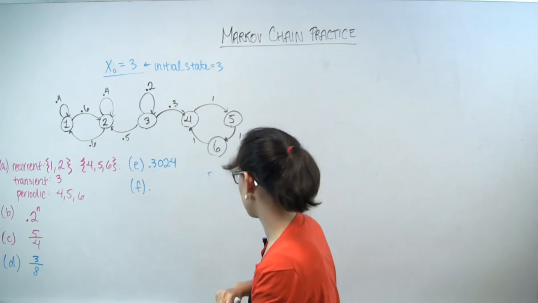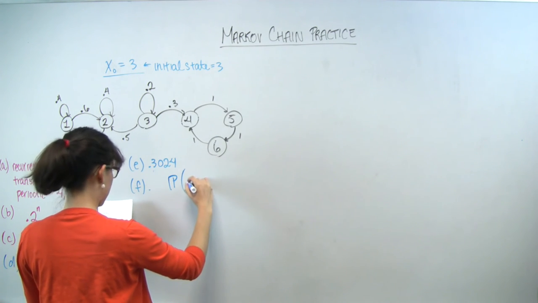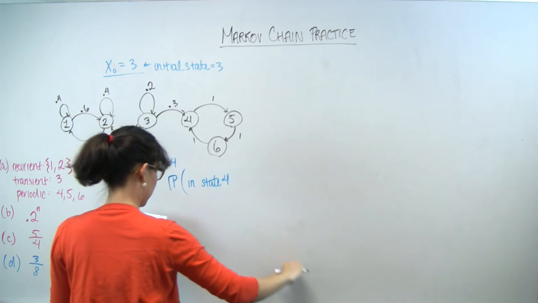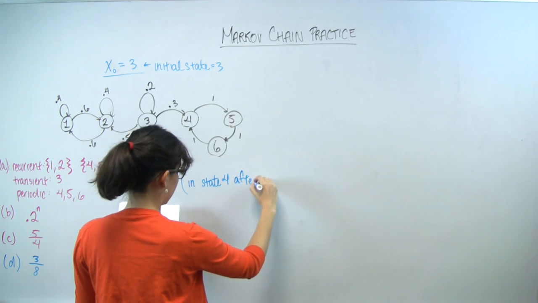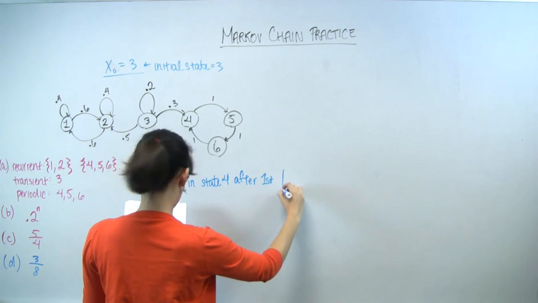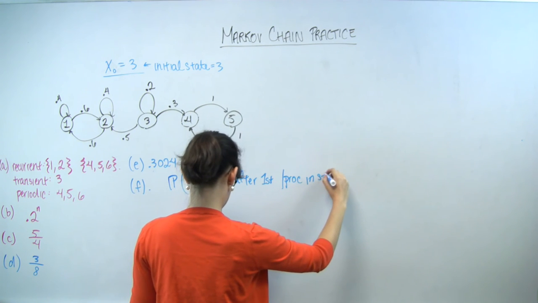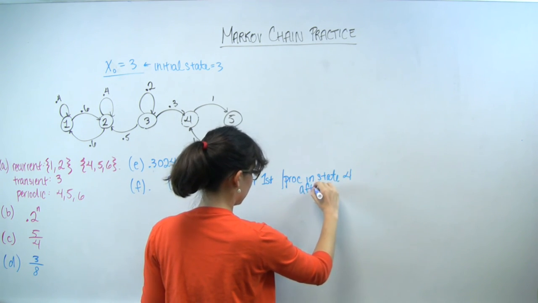So the probability that the process is in state 4 after the first trial, given that the process is in state 4 after 10 trials.